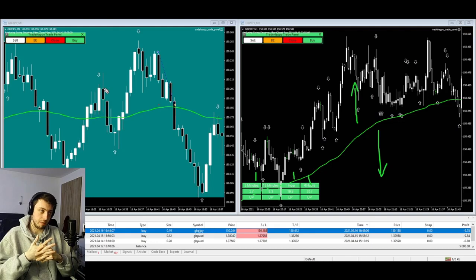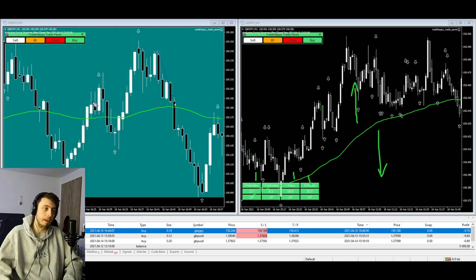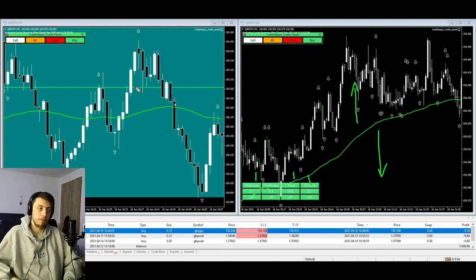Something else that really does affect it is, if we look at this example here, I'll just put a line on here. Once we break this high, if the next candle after this doesn't touch that green line, that increases the win rate. I call this a gap. We want to see a little bit of a gap in here before we get the retest.